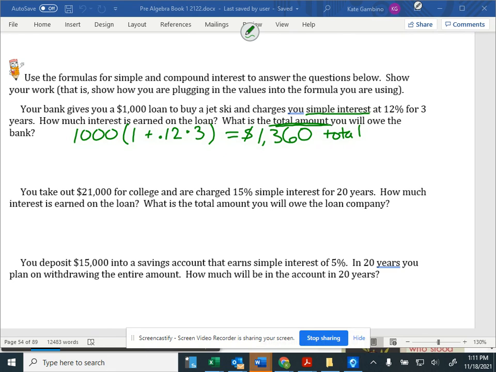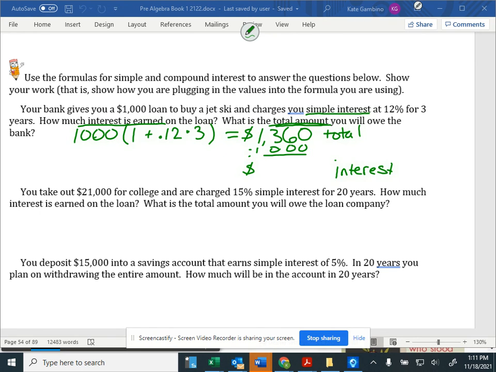Then we want to know interest. So how much interest is earned? So if we started with our principal of $1,000 and now we owe 1,360, how much interest was that? Yeah, we subtract out our principal. We don't want to know the principal.